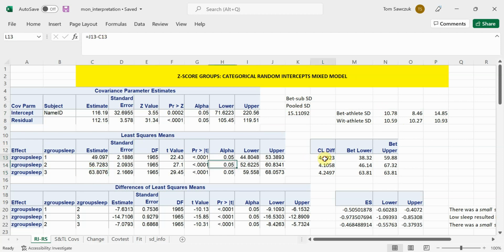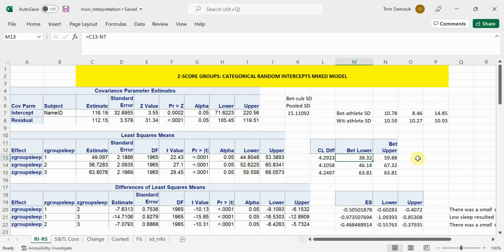And then what I've done here is I've just subtracted the upper from the estimate. Because these confidence intervals are normally distributed, that gives us a confidence limit difference, which we can use when describing the results. For the covariance parameters, you'll see that's not normally distributed because it follows a chi-squared distribution, so you need to square root both individually.